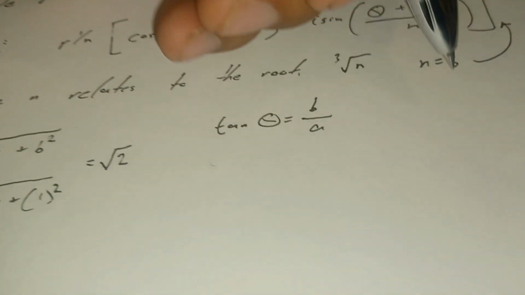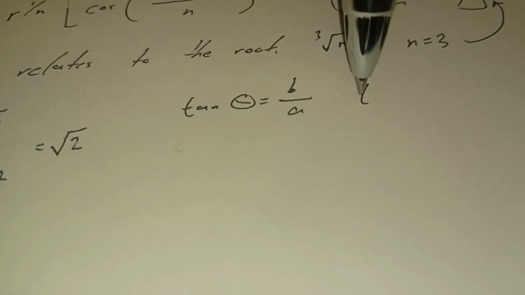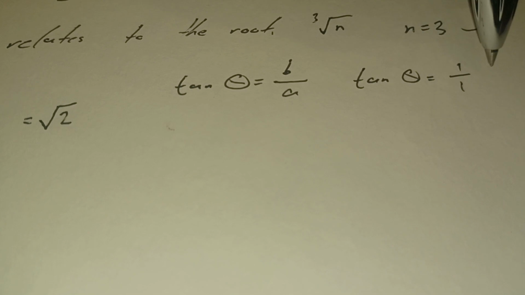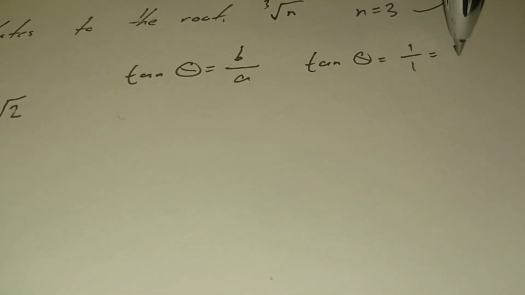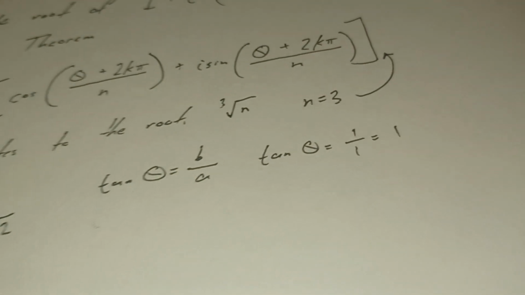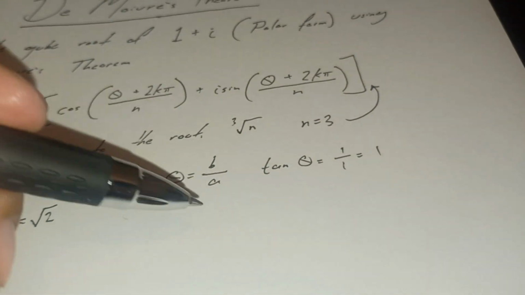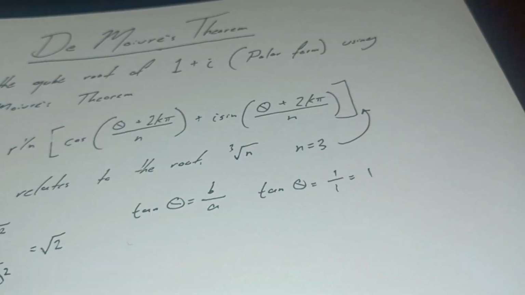So tan of theta is equal to 1 over 1, and 1 divided by 1 is 1. That is what we get when we plug in our a and our b: we divide b by a, 1 divided by 1, we get 1.